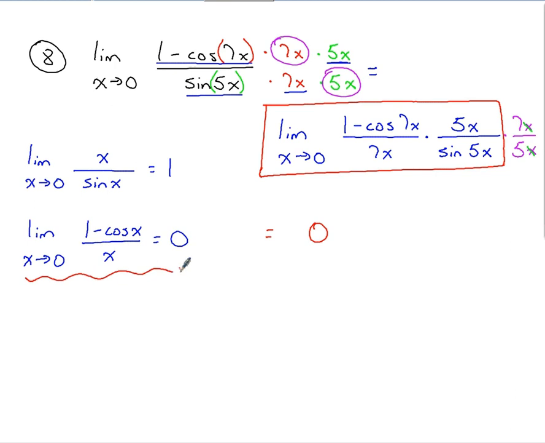As far as taking the limit as x approaches 0, applying it to this part, well, I know that's going to equal 1, and that was being multiplied on, so I'll multiply 1 on. That's coming from this part. As far as what remains, well, we had that 7/5 that remained, so we tack that on. And now we can see how this plays out. It's 0 times 1 times 7/5. My answer is just 0.